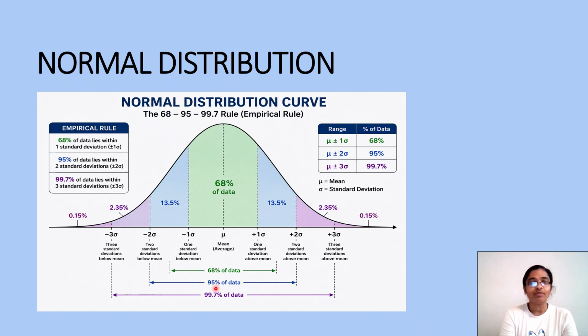Now 95% of the data lies within two standard deviations from the mean. So mu, that is your mean, plus or minus 2 standard deviations contains 95% of the data, and 99.7% of the data lies within 3 standard deviations of the mean. This is called the empirical rule of the normal distribution.